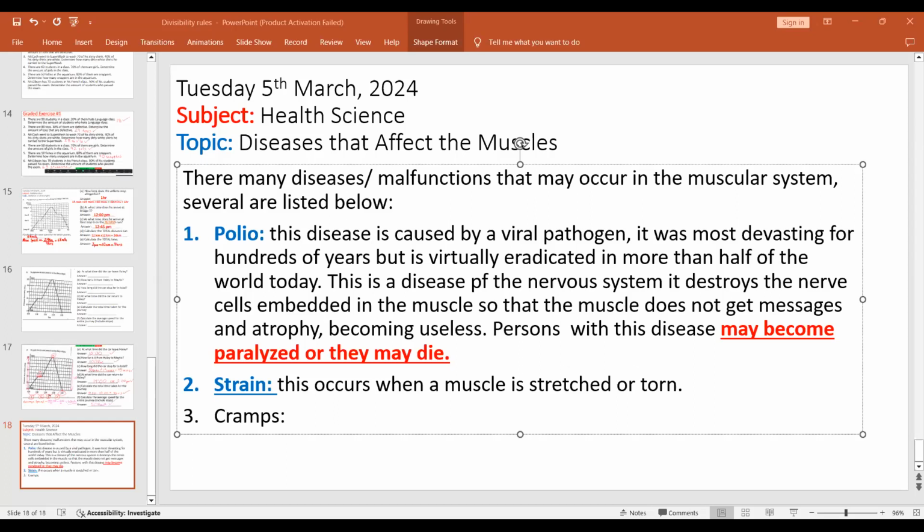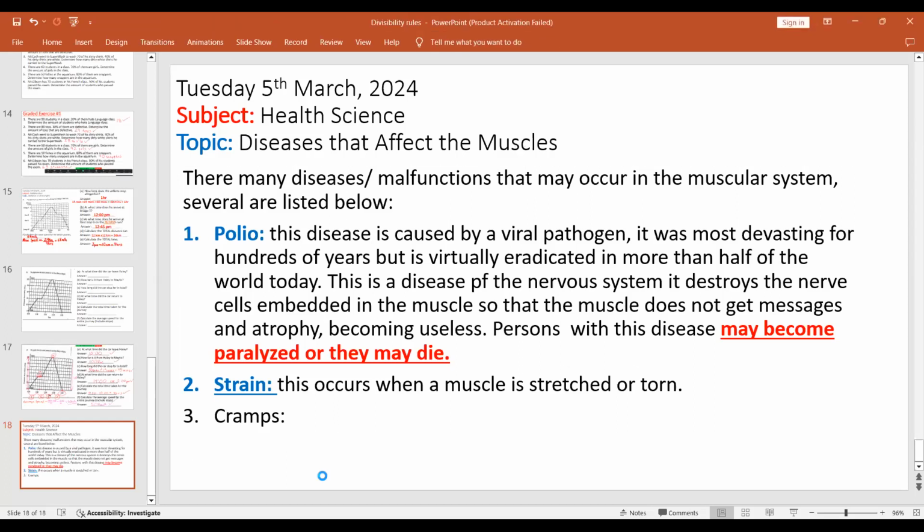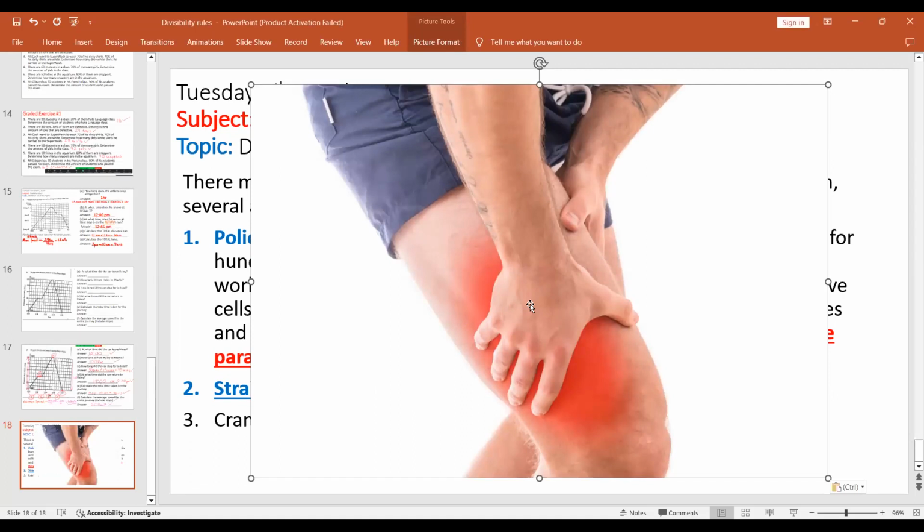Understand? For example, as you can see, this person has a strain. He ended up tearing his muscle or overly stretching it, and as you can see, it causes pain, and he has to hold his leg, right?